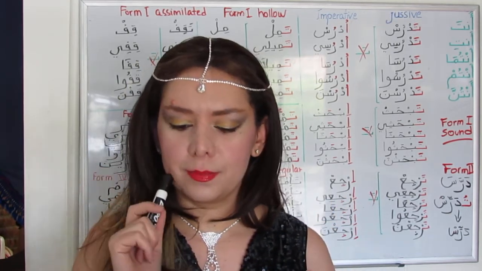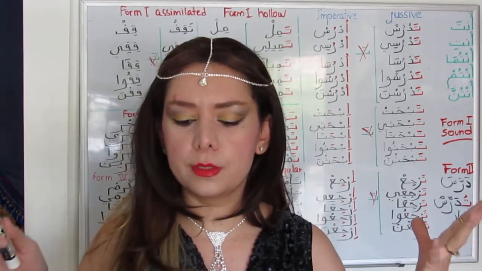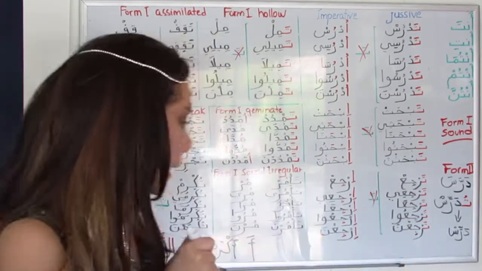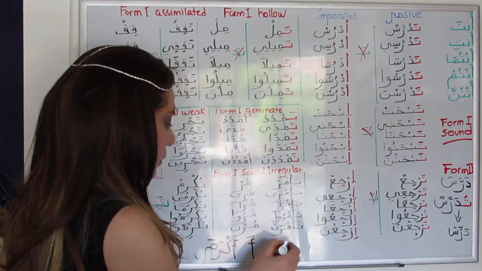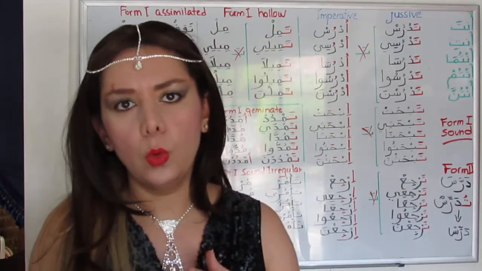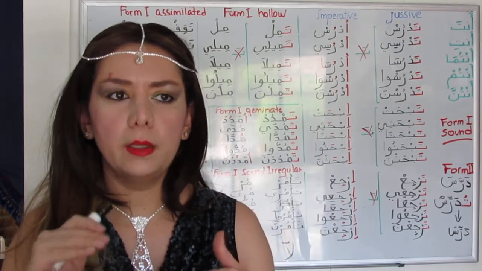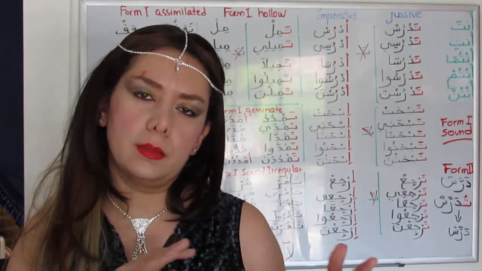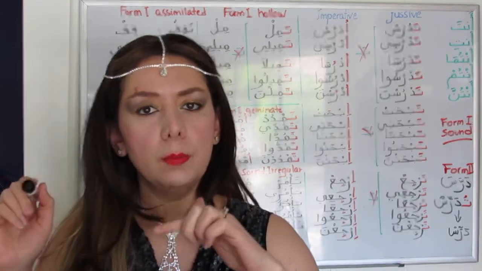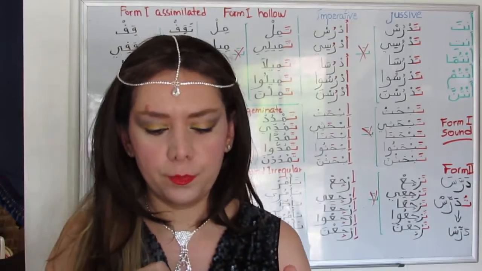Negative commands for all verbs are done by using la. La is no, but when you negate a command, it means do not. So it will be in front of the jussive.